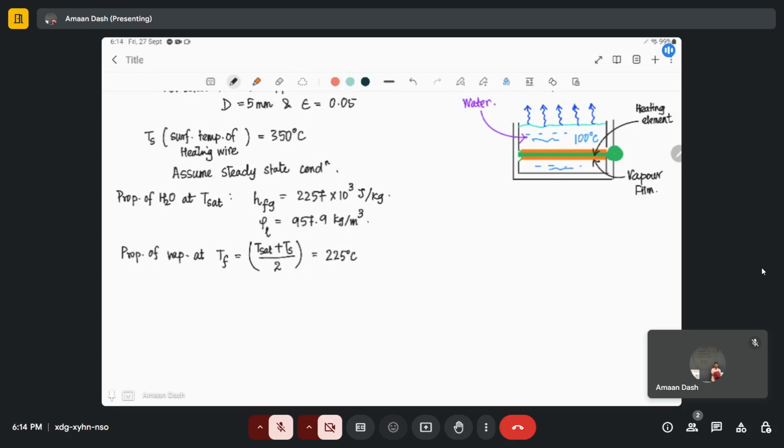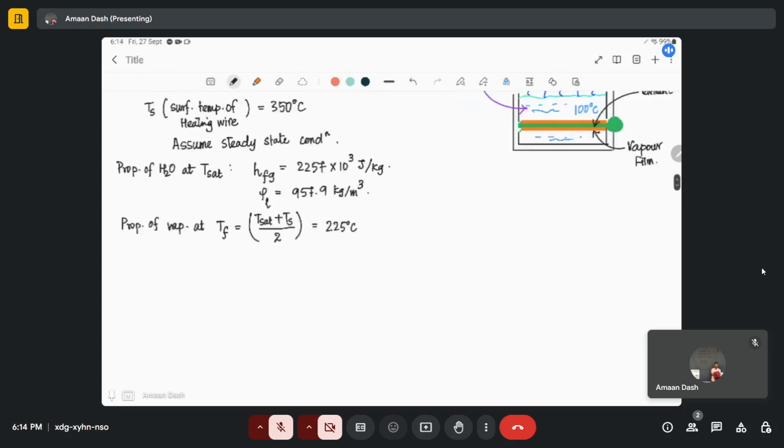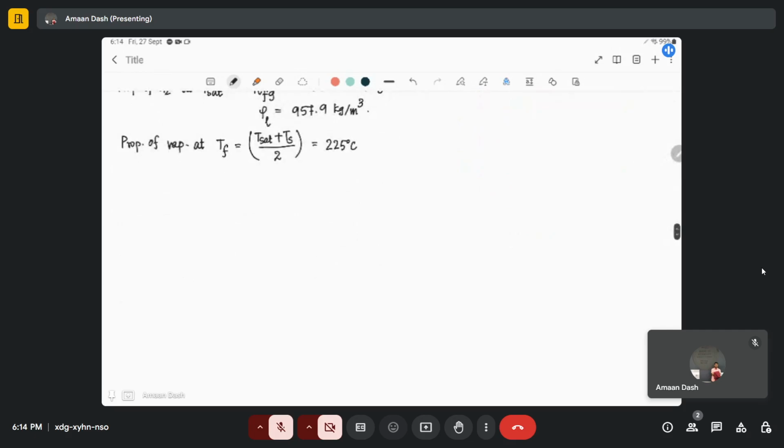At this temperature, the density of vapor is 0.441 kg per meter cube. Viscosity of the vapor is 1.73 times 10 to the power of minus 5.